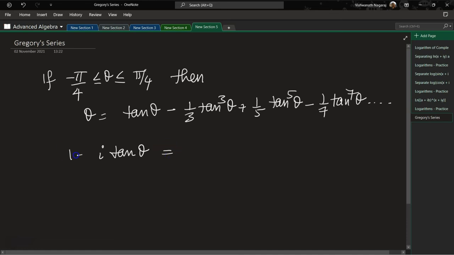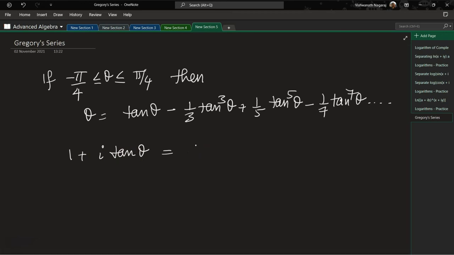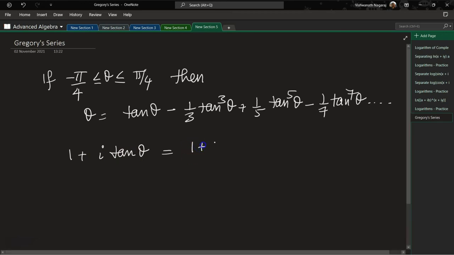Now 1 plus, okay, because just with i tan theta nothing we can do. So let's begin with 1 plus i tan theta, because we require both the real part and the imaginary part. Now this can be written as 1 plus i sin theta by cos theta.